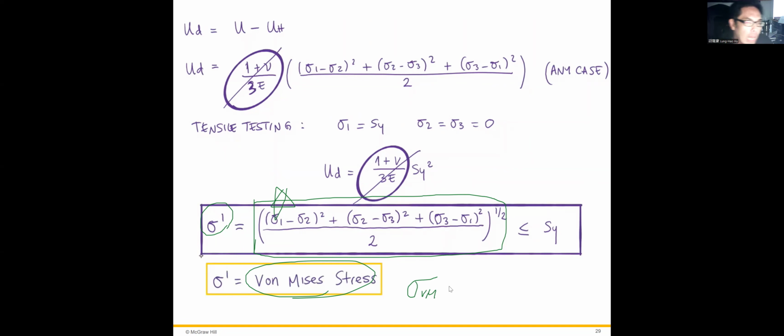So how do we define this distortion energy method? We can say the distortion energy method simplifies the element under triaxial stress, and then we can just simulate it. This element is under a tensile test corresponding to the triaxial stress.